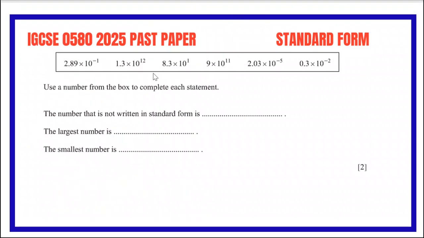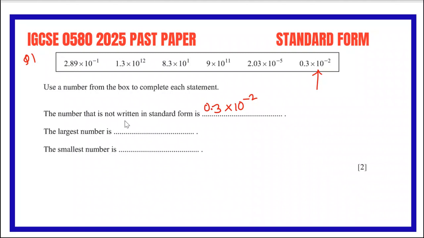Let's see the 2025 past paper question number 1. The number that is not written in standard form is 0.3 times 10 power of minus 2, as 0.3 must be between 1 and 10.